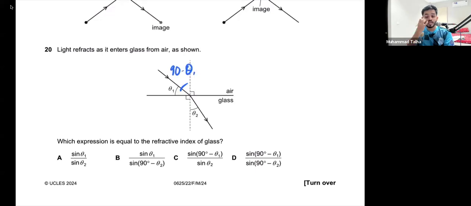And the formula, as I told you, is sine of the angle in air over the sine of the angle in glass, right? So this is sine of 90 minus theta 1, that's the angle in air, over sine theta 2. So that's very easy. It's C.